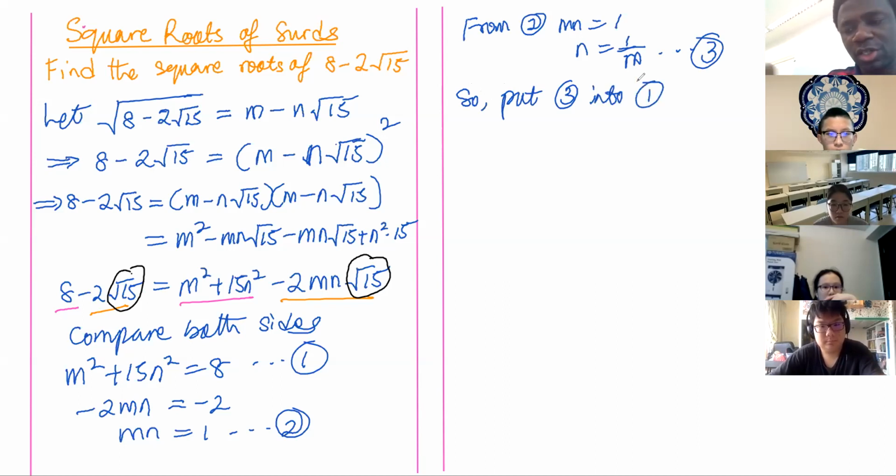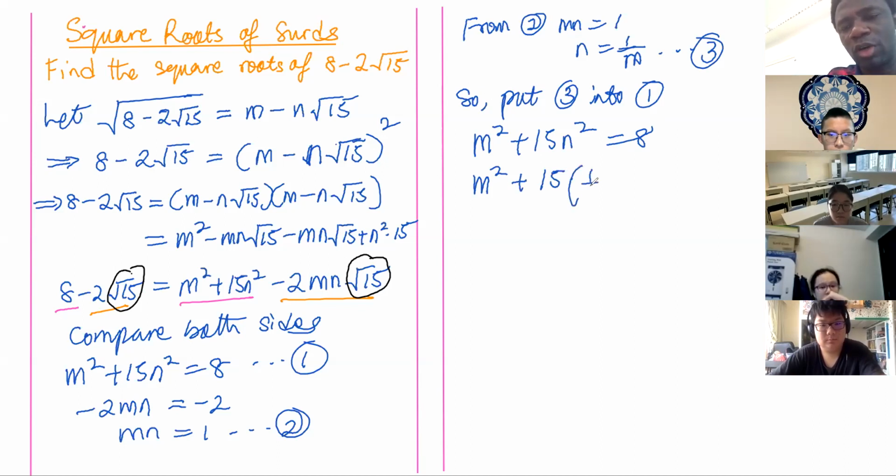There's a reason I want to get to this particular point before I ask you to do the DIY. m squared plus 15n squared is equal to 8 now becomes m squared plus 15 times 1 over m squared is equal to 8. So m squared plus 15 divided by m squared is equal to 8.